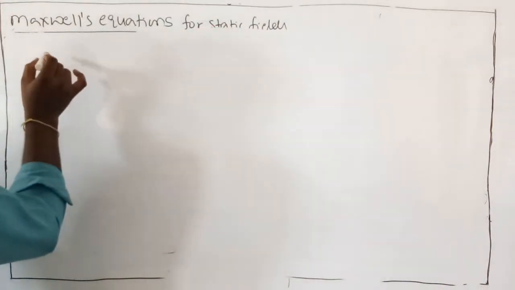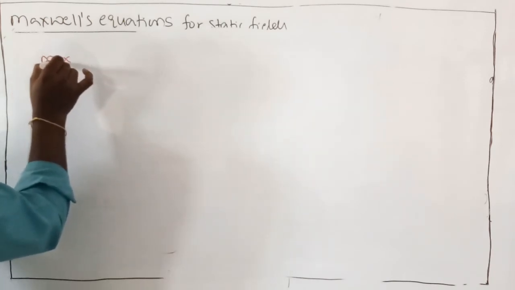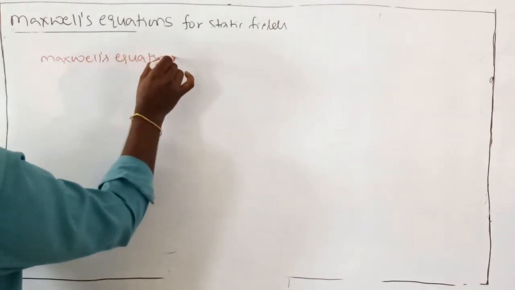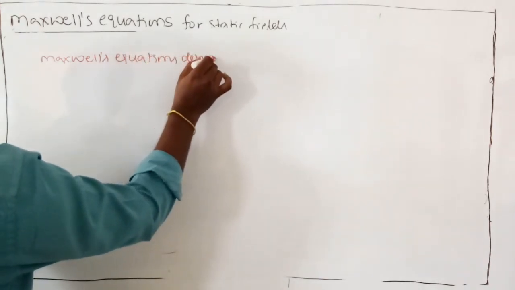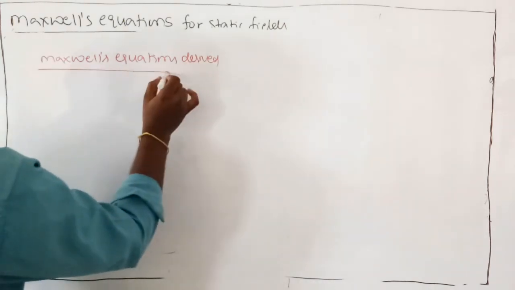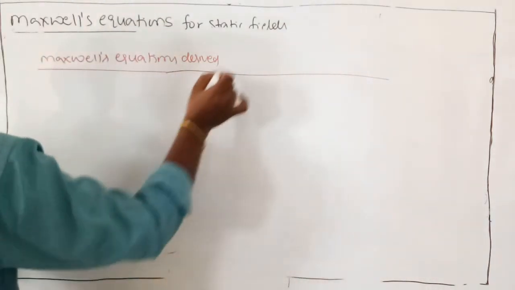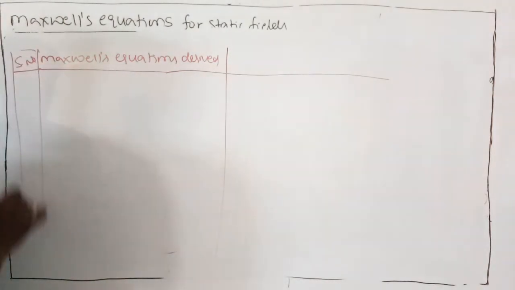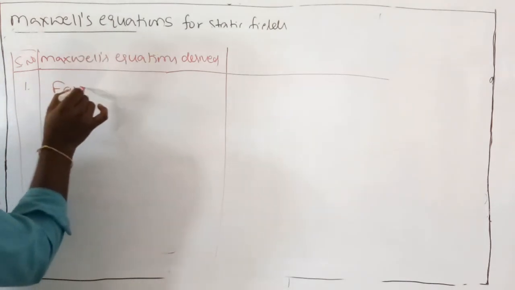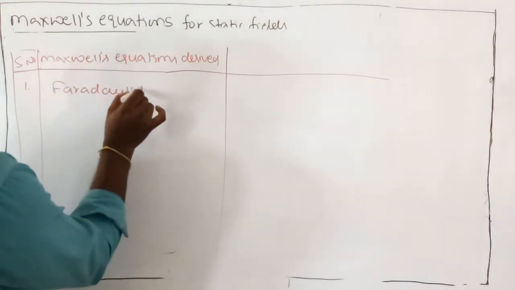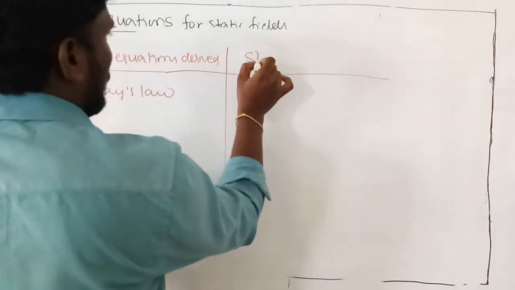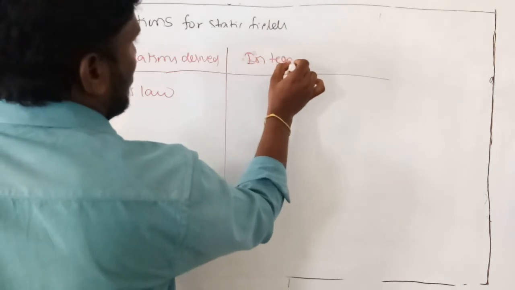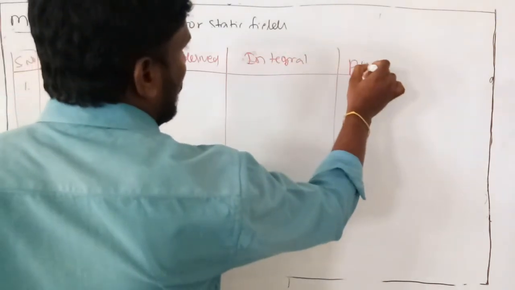Maxwell's equations derived from: first row. The first one is Faraday's law, for the static field, in integral form and in point form.